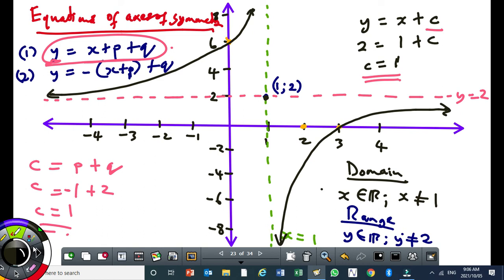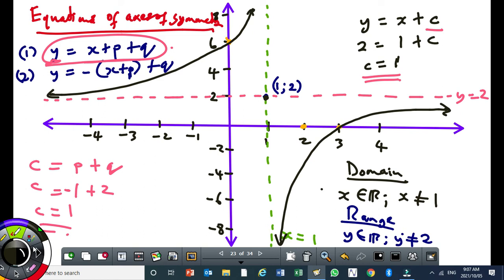I don't want to complicate things, because at this stage I want to make this as easy as possible. Remember, you only have less than 4 weeks. So let's avoid complicated things. Let's make it as simple as possible. If you're asked to write the range or domain, it's better you write this way. It's much better, it's easy, you don't make unnecessary silly mistakes.